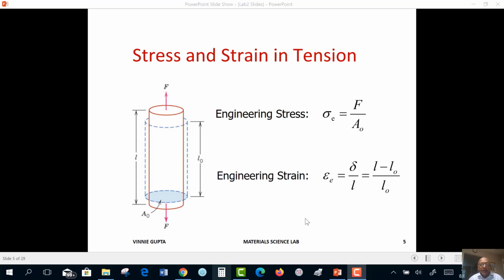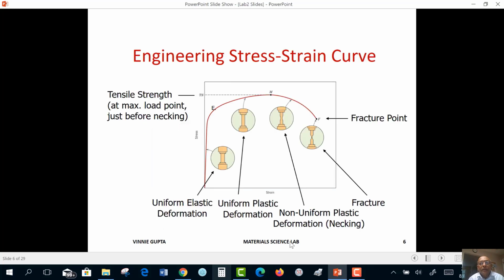Okay, so let's see our tensile testing curve. What happens as we start increasing the load? We are going to plot strain on the x-axis, so that's change in length over original length.